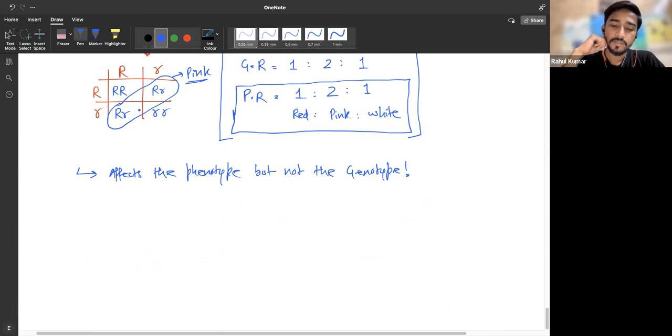in which both alleles of a gene are partially expressed, and in a heterozygous condition no one allele is able to exert dominance or show dominance over the other.